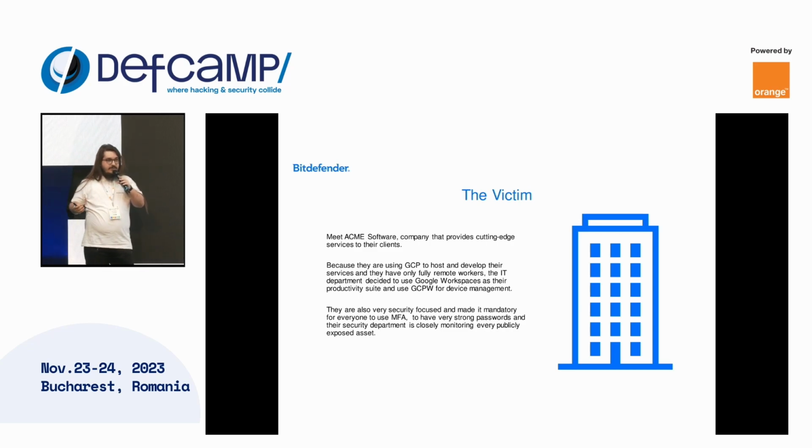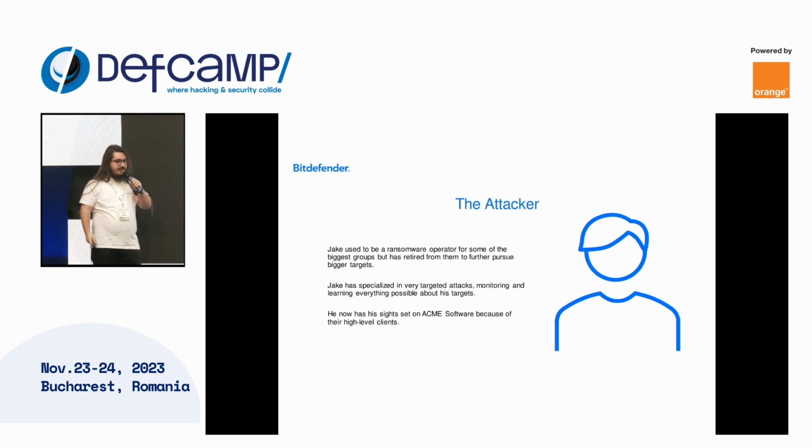Also, all the users are required to use multi-factor authentication, not to give the attacker too easy a time. Okay, let's meet the attacker. Jake, who specializes in very targeted attacks and has their sights set on Acme.